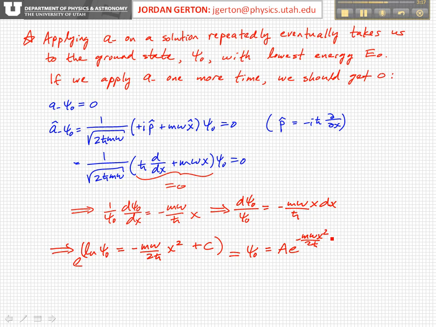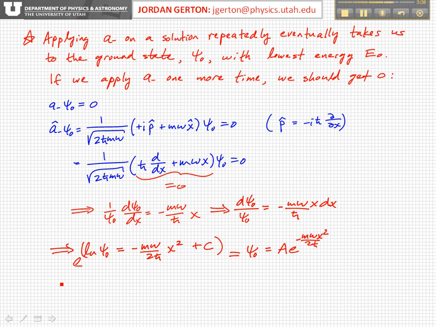Okay, and so we can find the normalization constant A by normalizing, that is by requiring that the integral of the wave function over all space is equal to 1, because we basically have to find the particle represented by this wave function somewhere in space.